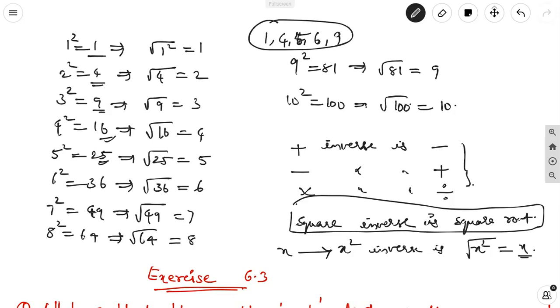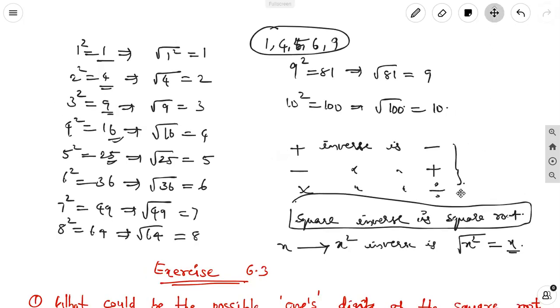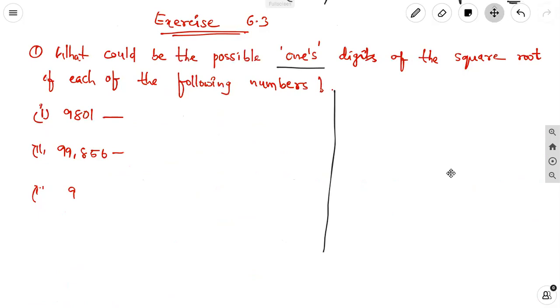The same idea works for square roots: if the ones digit of a number is one of 1, 4, 5, 6, 9, then it may have a square root. The first problem of 6.3 depends on this relation only.